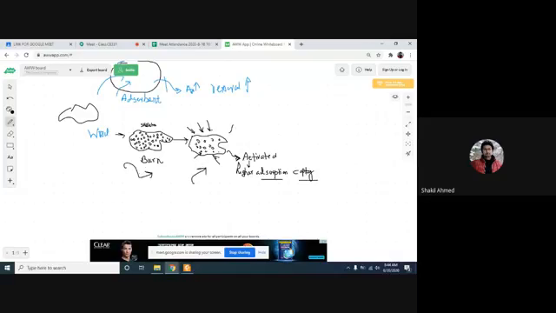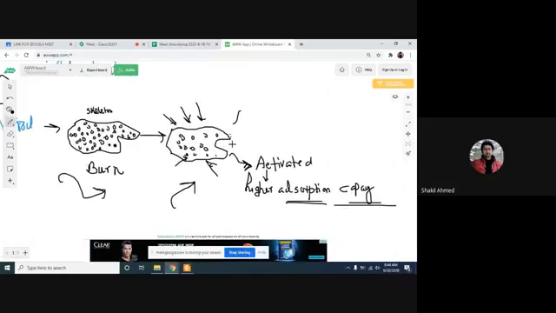Okay, so now this material, since this has higher absorption capacity, it can absorb smaller particles with larger capacity. Okay, so this material is called activated carbon.